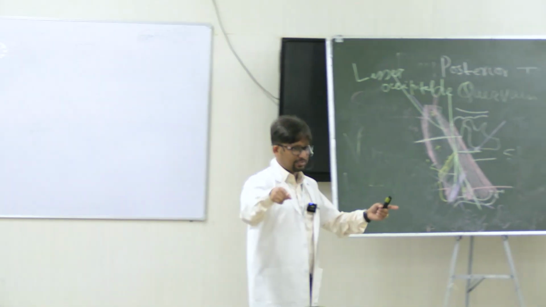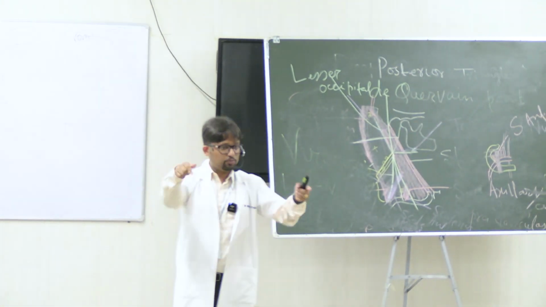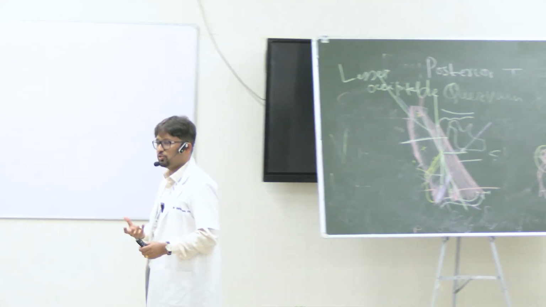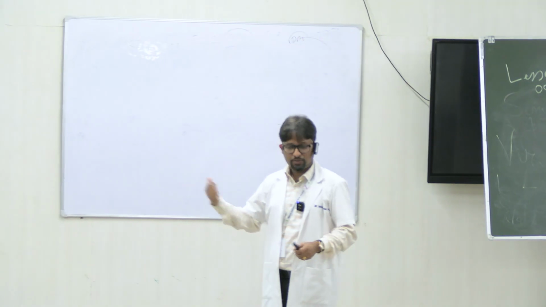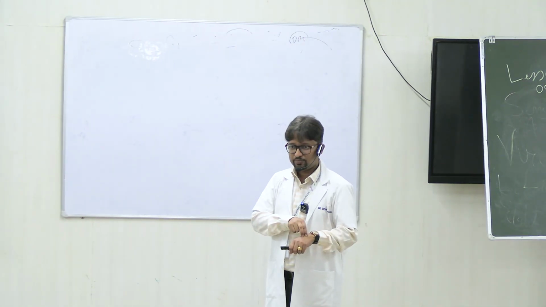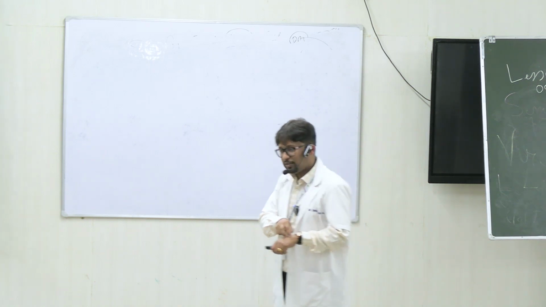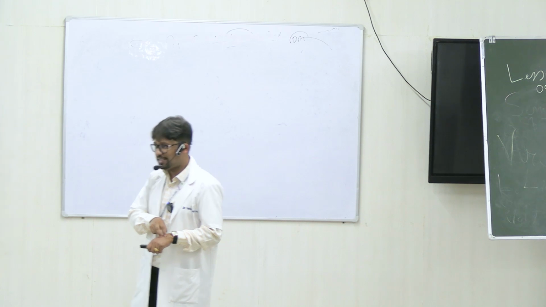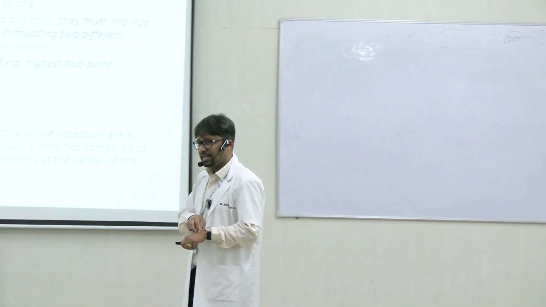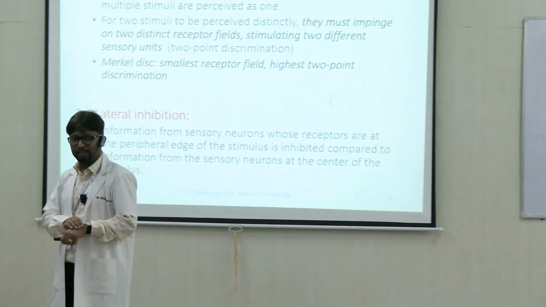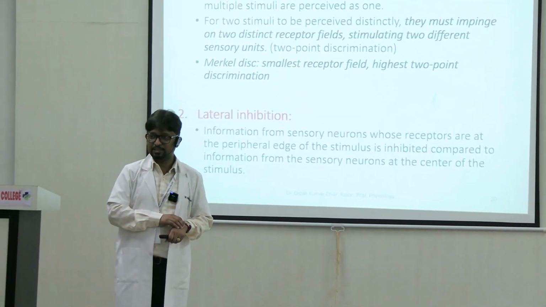If there are 2 points, our ability to identify them as 2 distinct points is our ability of resolution. Similarly here also, if you give 2 stimuli very close together, the ability of our brain to appreciate 2 closely spaced stimuli as separate is called resolution or acuity of that particular sensation.